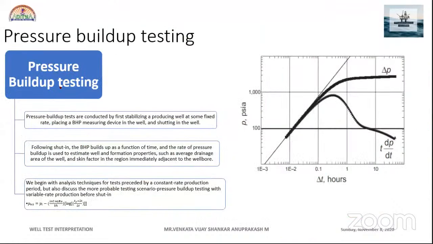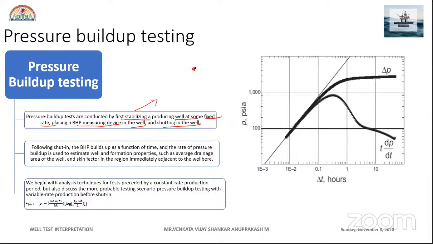So the first of that kind is your pressure build-up test. Pressure build-up tests are conducted by stabilizing a production well at some fixed rate, placing a measuring device in the well, and shutting in the well. First we stabilize a producing well at some fixed rate.